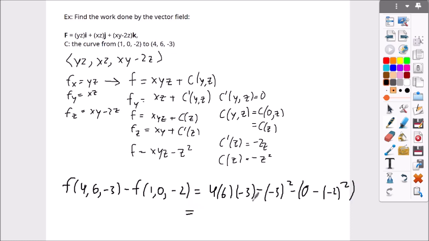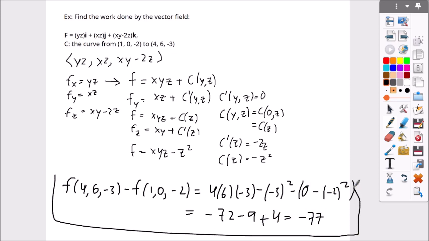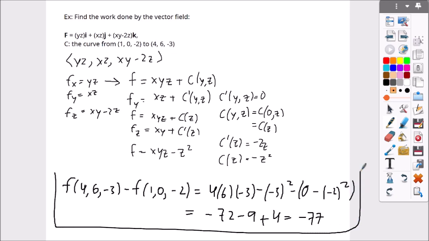Which is equal to 4 times 6 times minus 3, that's minus 72, minus 9, and then minus a negative is plus, so it's plus 4. So that is minus 77. That's your answer.